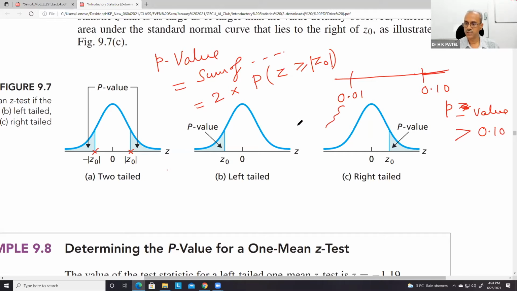And if it is less than 0.01, we reject. Okay. This is one approach I have seen in many books.